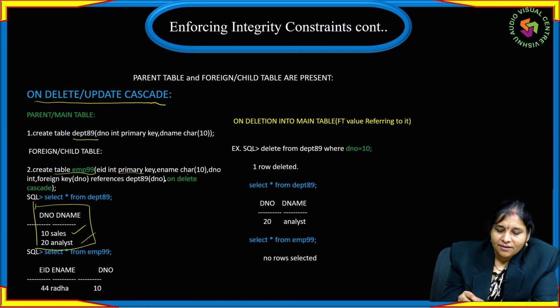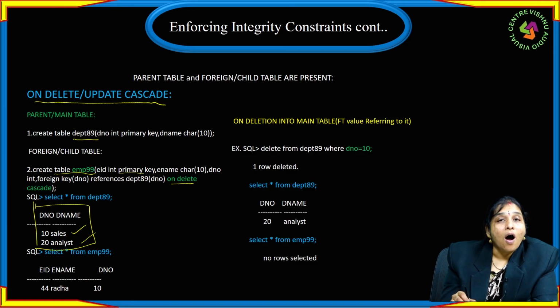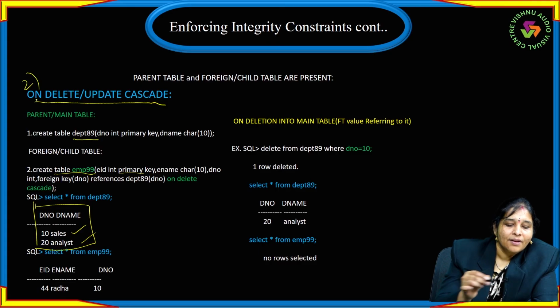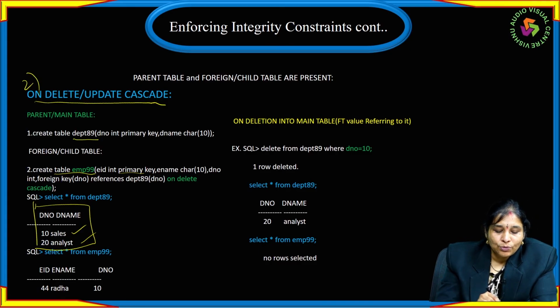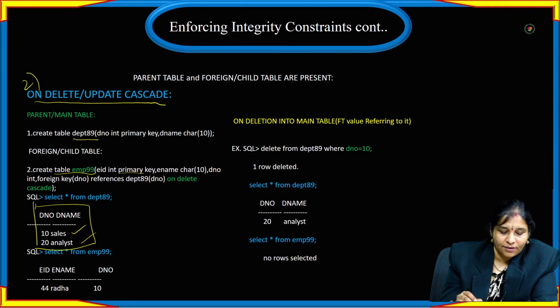This we have already seen. And if you observe carefully, the one highlighted in green color, on delete cascade, is my second action. Explicitly, I have to specify on delete cascade. By default, if I haven't specified anything, it means on delete or update, no action.